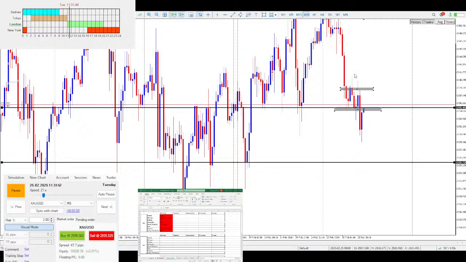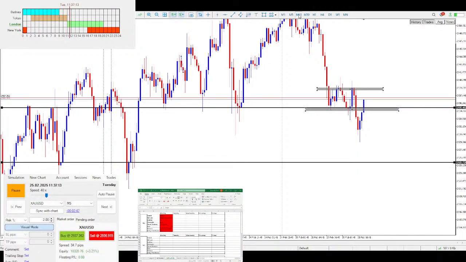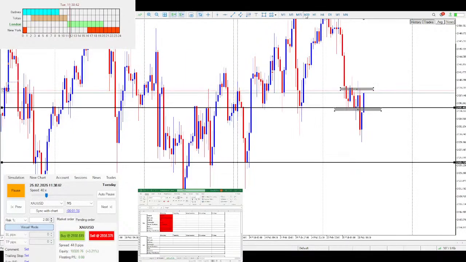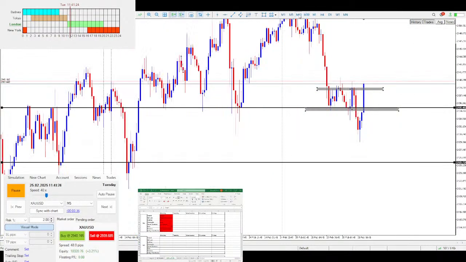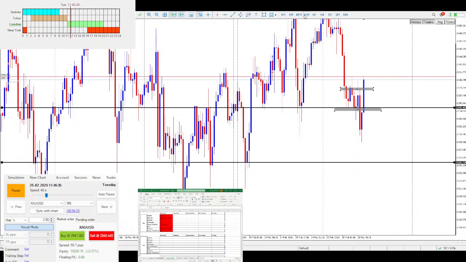Okay, this candlestick broke the previous M30 high, so it's only observation right now. There is nothing to trade.